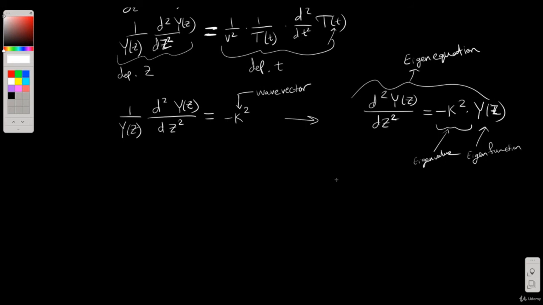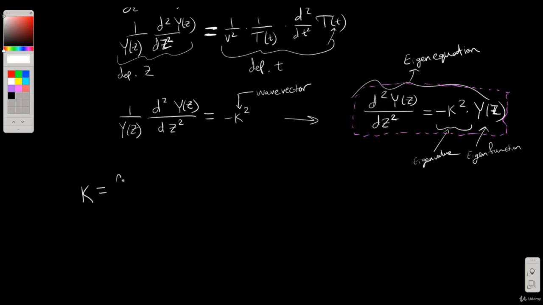And this, ladies and gentlemen, is what is known as the Helmholtz equation. It's nothing more than this. It's the time-independent part of the wave at a fixed k. And we know that this term k is related to the wavelength of the wave, our time-independent part of the wave, y of z.